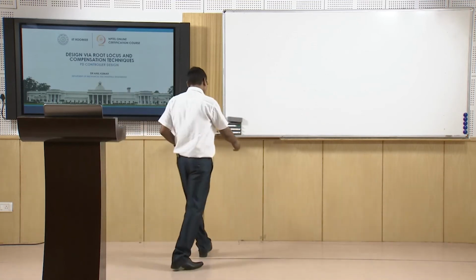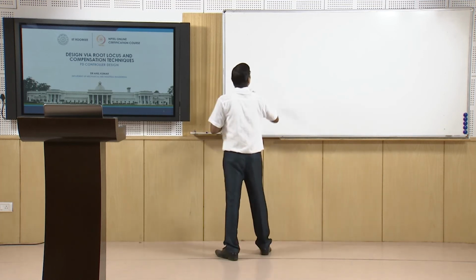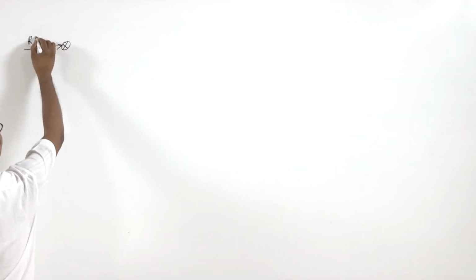So now let's take one example for PD controller. So we have a system here.